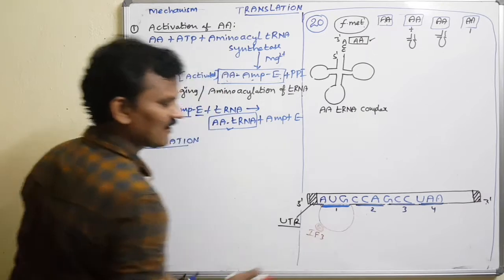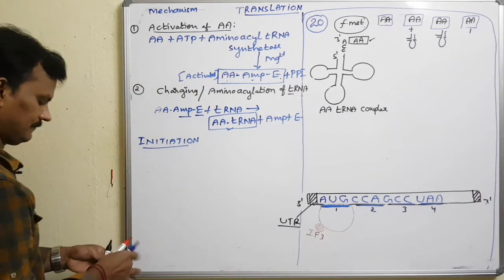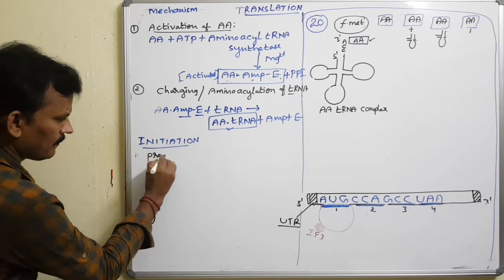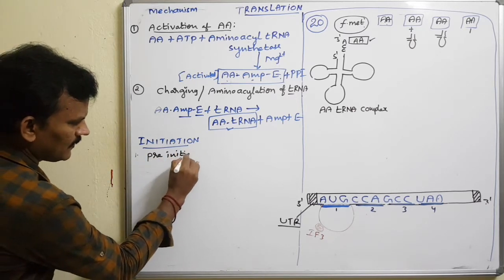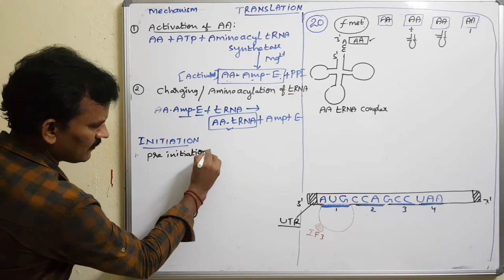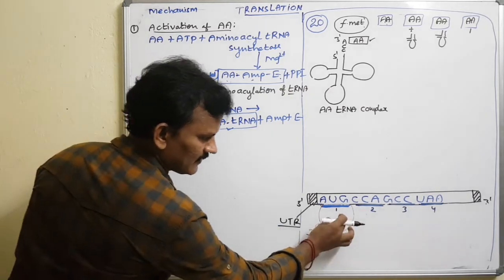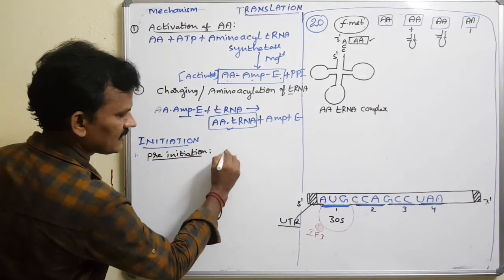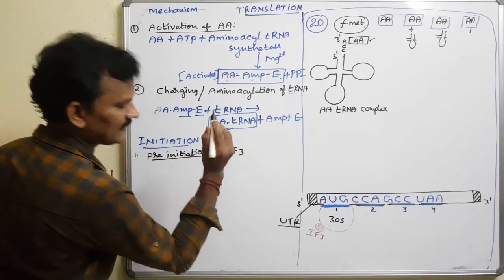Now this unit is called the pre-initiation complex. In step 1, the pre-initiation process, the 30S subunit of the ribosome binds. The factor needed is initiation factor 3.